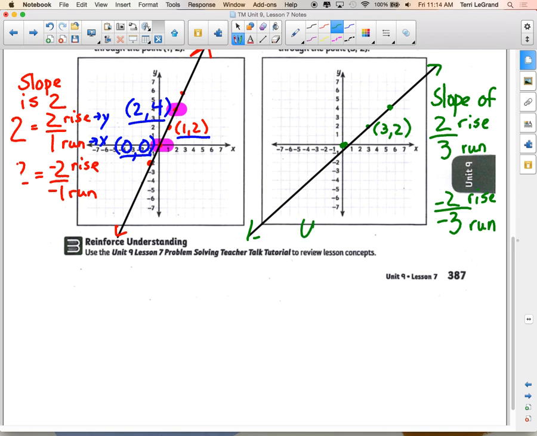Y equals what? 2/3 x, yeah, there you go. Y equals 2/3 x. When it goes through the origin like all of ours are doing, we can write it by putting the multiplier, the slope, on the x, and you'll have your equation.